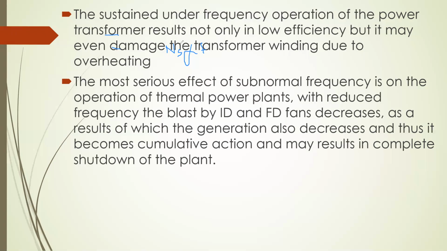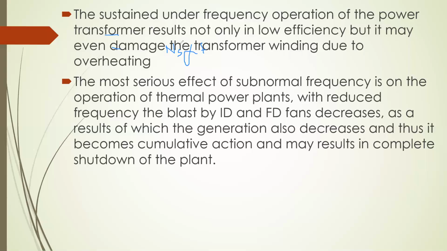the most serious effect of subnormal frequencies on the operation of a thermal power plant. Again, we are going with thermal plants itself. When the frequency is reduced, if the demand increases, the frequency will come down. Whenever the frequency comes down, ID and FD fan operation decreases. As a result, generation decreases.